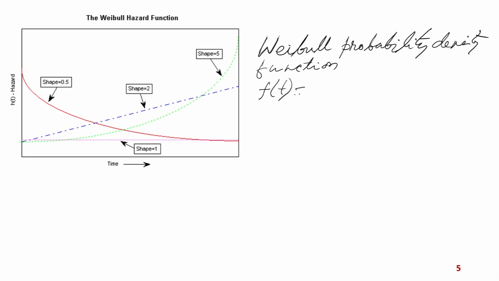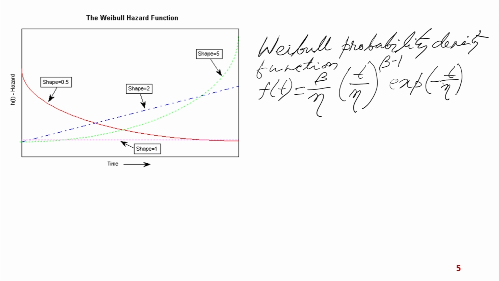I can write it as beta by eta, t divided by eta to the power beta minus 1. We are using a 2 parameter Weibull function, there can be 3 parameter also. So we are using only 2 parameter, then exponential of minus t by eta to the power beta.